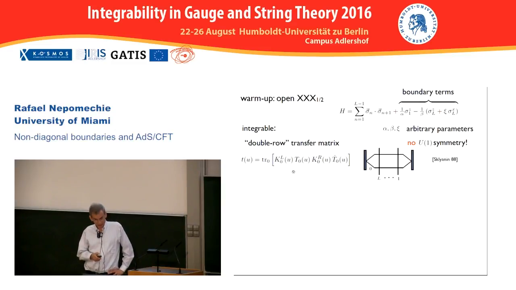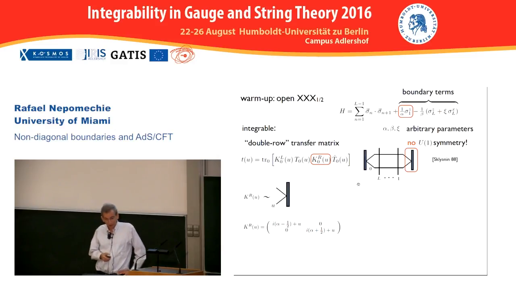So a little bit more complicated than for the closed chain. And it corresponds to this picture here. So let me take it one step at a time. What appears here, this is K0, corresponding to this right boundary. And it is a reflection matrix for this right boundary.